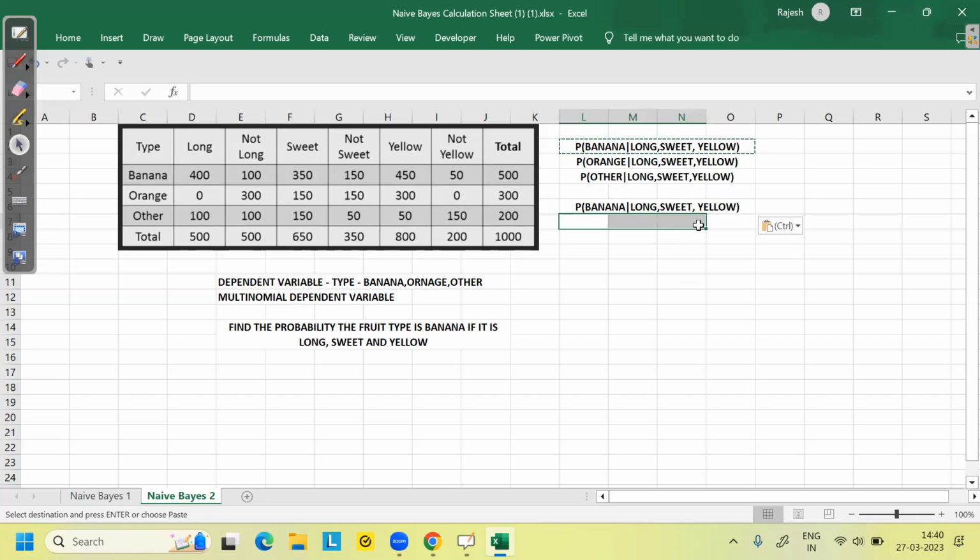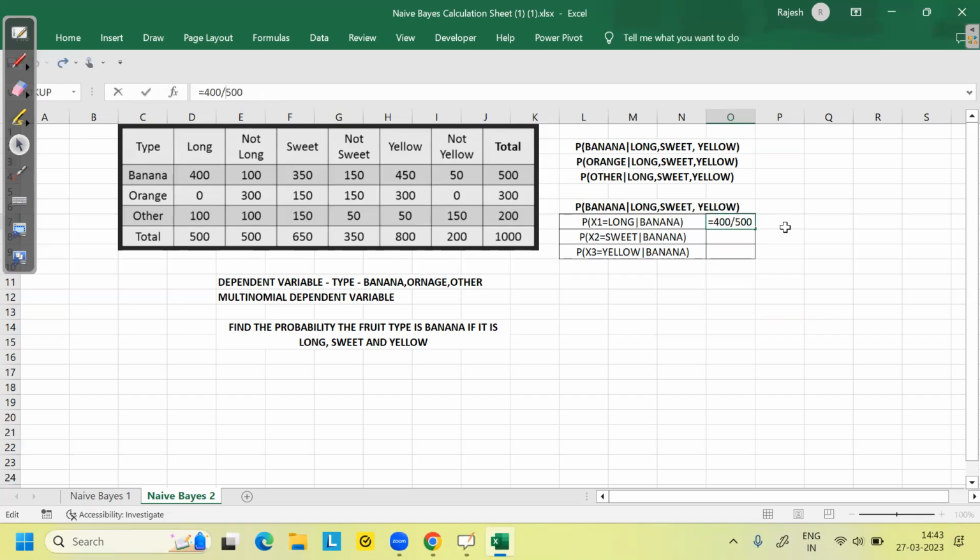The first probability is probability of x1 equal to long given it is banana, probability of x2 equal to sweet given it is banana, probability of x3 equal to yellow given the fruit is banana. How many bananas are long? 400. Total number of bananas is 500.